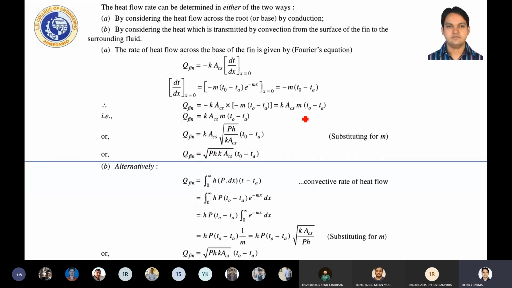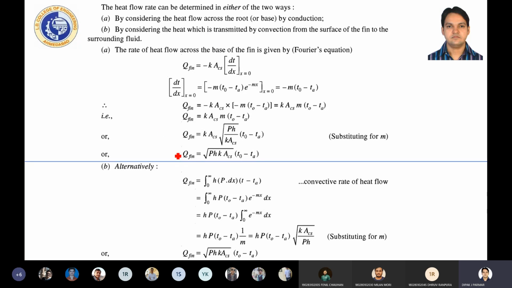Based on that, we discussed two different methods. One is by considering the heat flow across the root base by conduction, and the other by considering the heat which is transmitted by convection from the surface of the fin to the surrounding fluid.